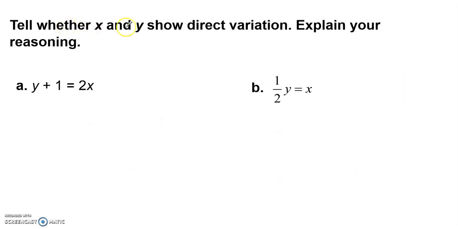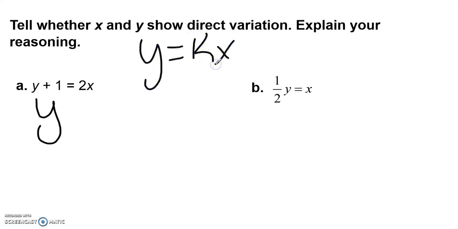Okay, so this says tell whether x and y show direct variation and explain your reasoning. We want to get it into y equals kx form, so subtract that over. We have y equals 2x minus 1. Is that in this form? No, because there is this minus 1 here.